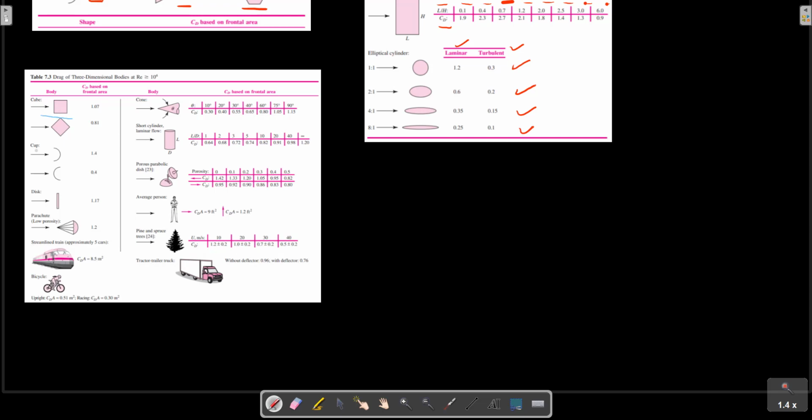For a cube, cup, disc, and parachute, low porosity, and train, for example, bicycle and tractor, trailer, truck, human bodies, porous, parabolics, short cylinder, and cones. With various theta, L and D, and porosity, we have various drag coefficients in this table. There are also some other shapes which are listed here also.